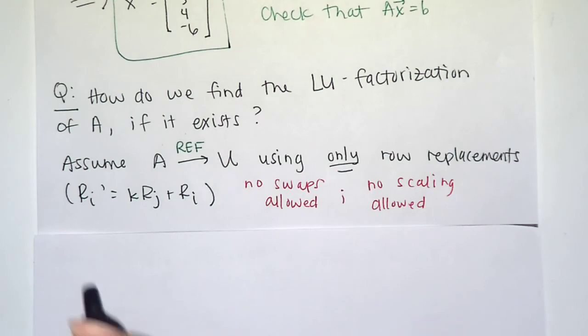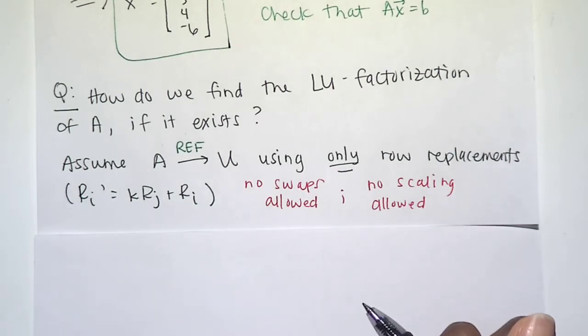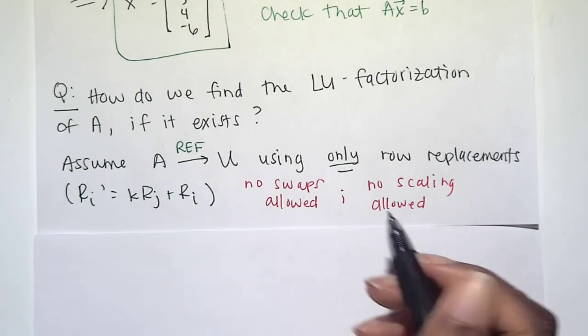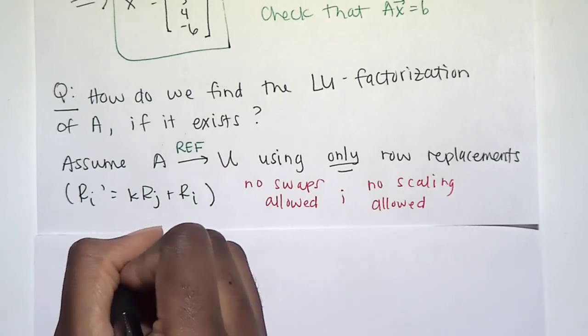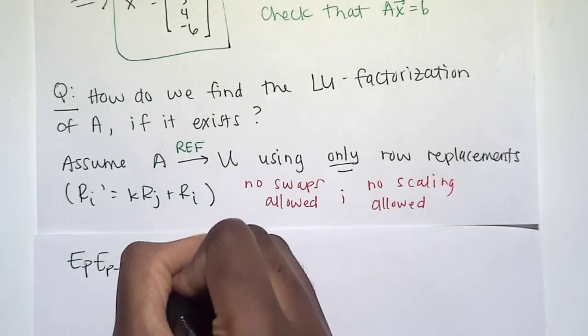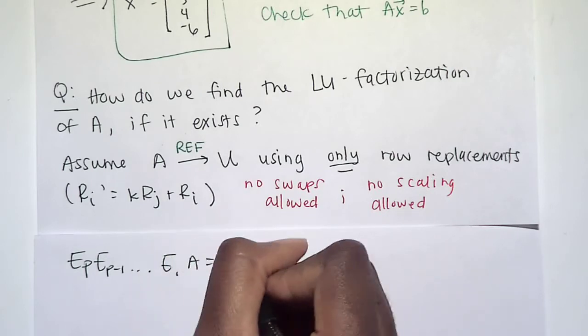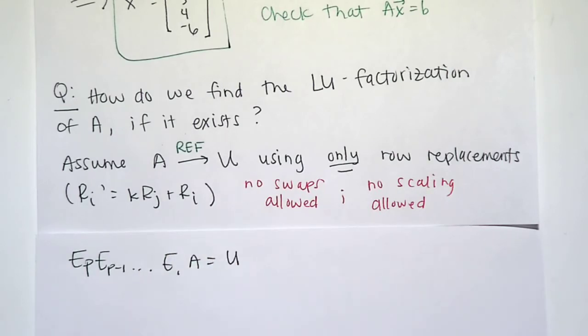So that means that there's some sequence of elementary matrices, like EP, EP minus 1, all the way to E1 times A, that will give us U. All right, so let's talk about what we're actually doing here and what these elementary matrices will actually look like. All right, so like I mentioned, we're only doing one kind of row operation, so it's only going to be one kind of elementary matrix.